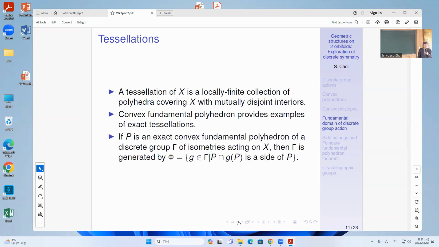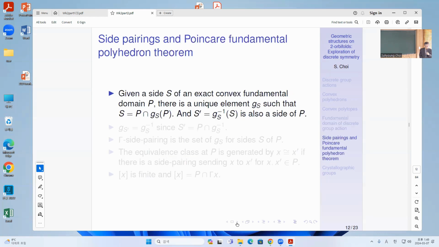If P is an exact convex fundamental polyhedron of a discrete group of isometries gamma acting on X, then gamma is generated by the g in gamma such that P intersect gP is a side of P. So using this idea, you can define side pairing and derive the Poincare fundamental polyhedron theorem.